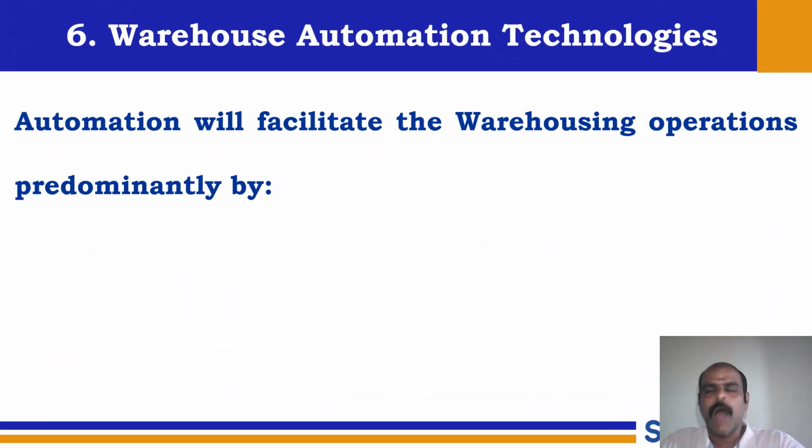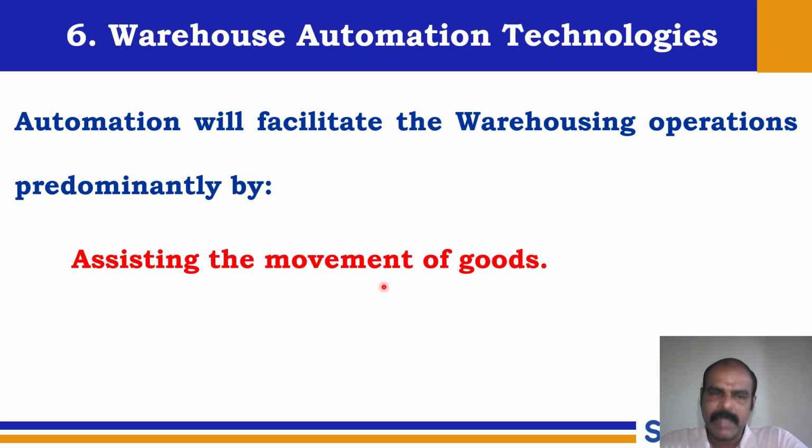Now, how is automation going to facilitate the warehousing operations? From a definition point of view, we are very clear about what activity a warehouse does, and with respect to automation, yes, it is going to adopt some sort of technologies by which human intervention is minimal, especially in repetitive tasks. But what is the main agenda of automation inside a warehouse?